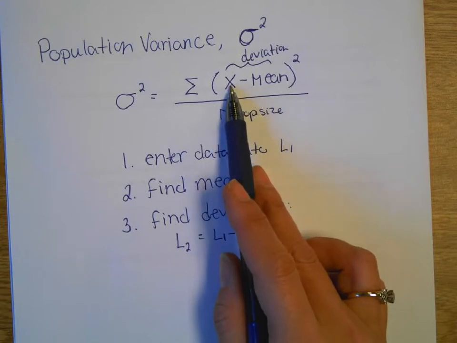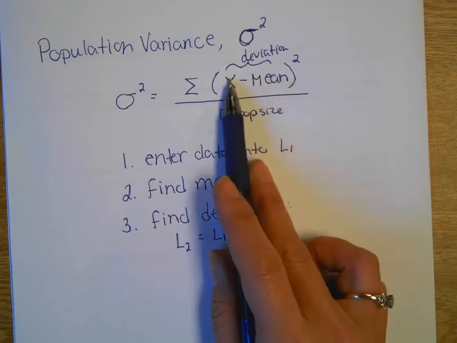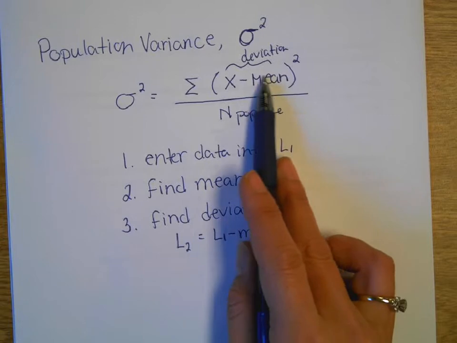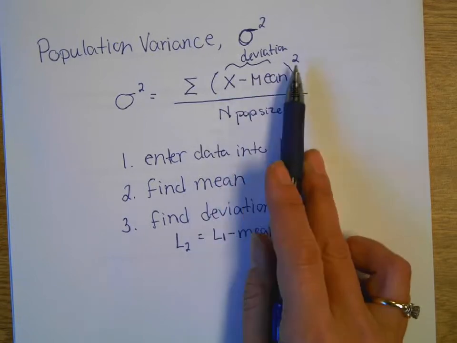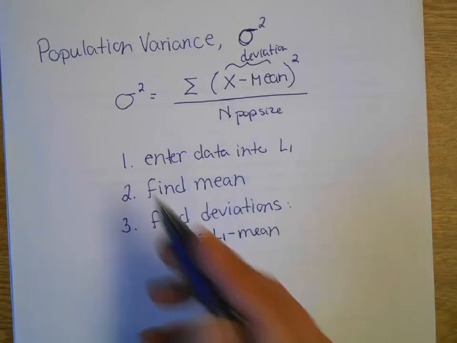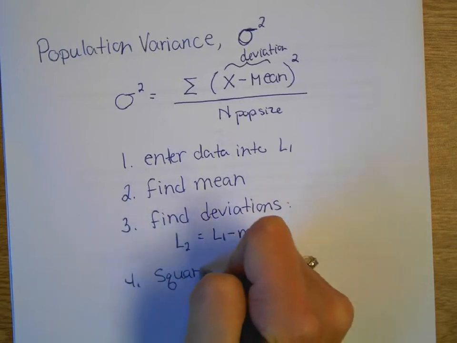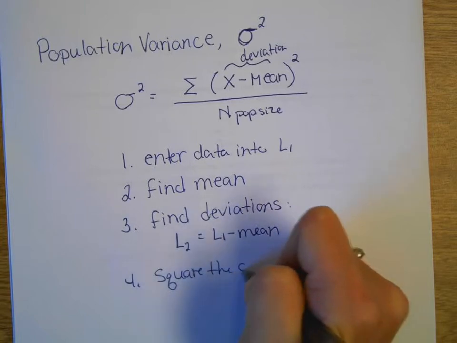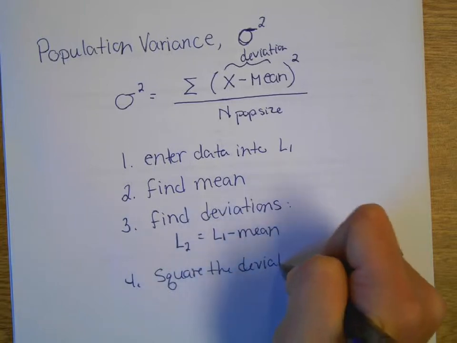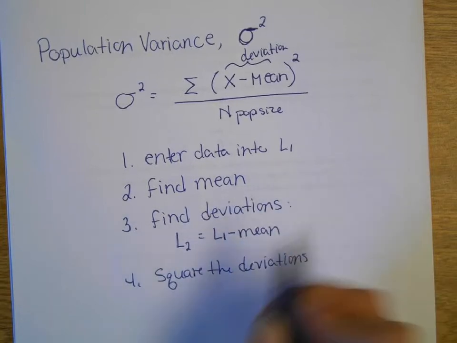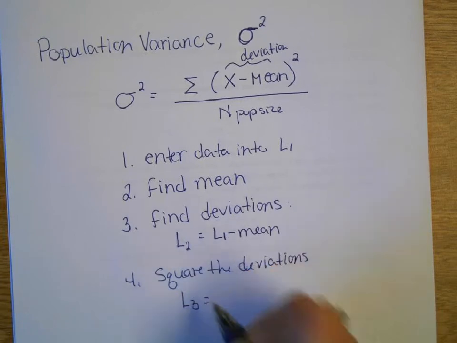So I've done each x value minus the mean. What do I want to do next with these numbers? According to this formula up here, we want to square each of those differences. So we're going to square the deviations. Again, we can go to list 3 now.